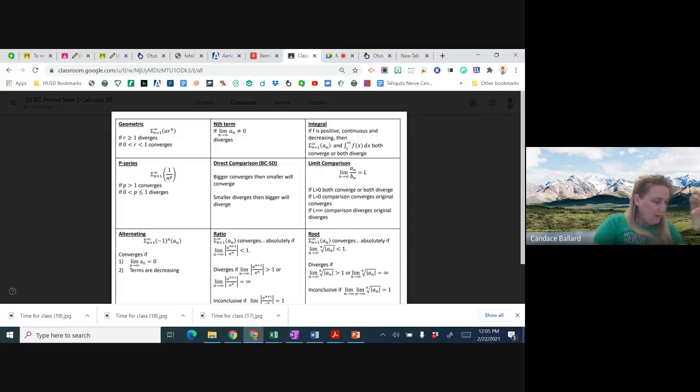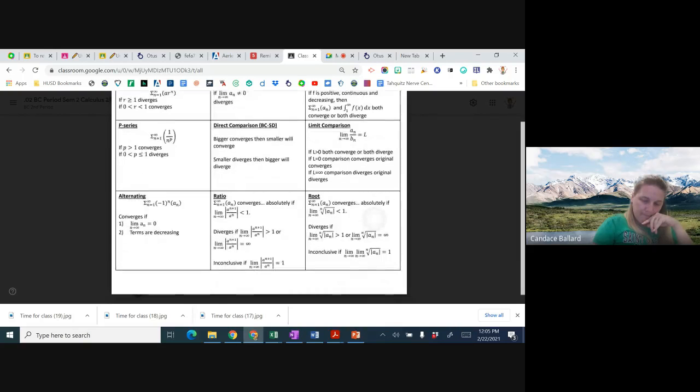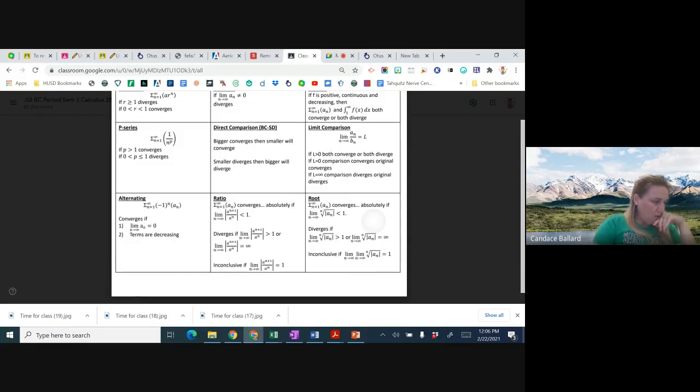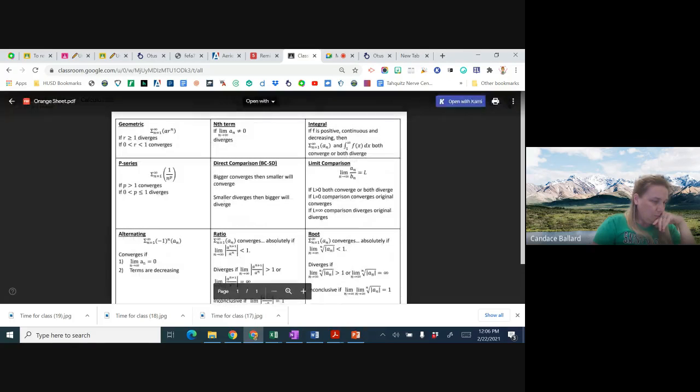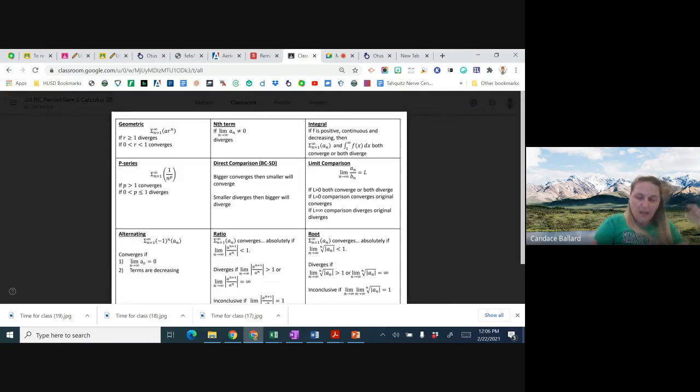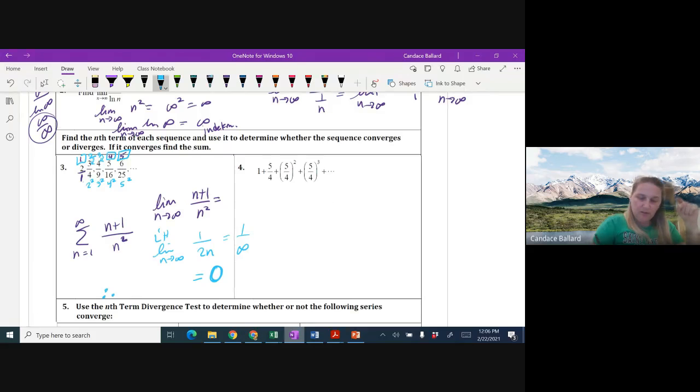Could we use P series, or we could use the alternating series test? It's not alternating because we don't have the -1. This one wasn't very nice. I'm going to put a pin in this one when we go to the next one, okay, because the next one's nicer.